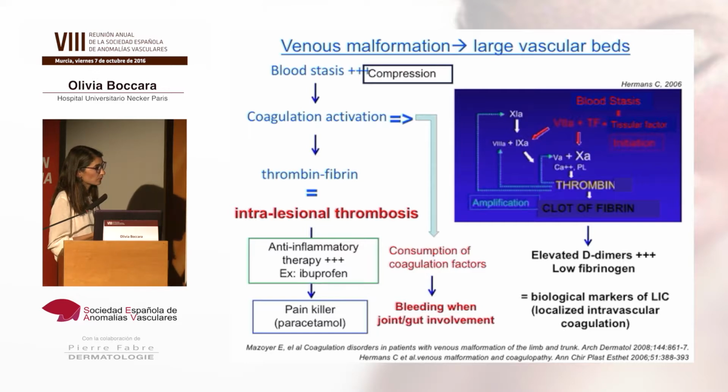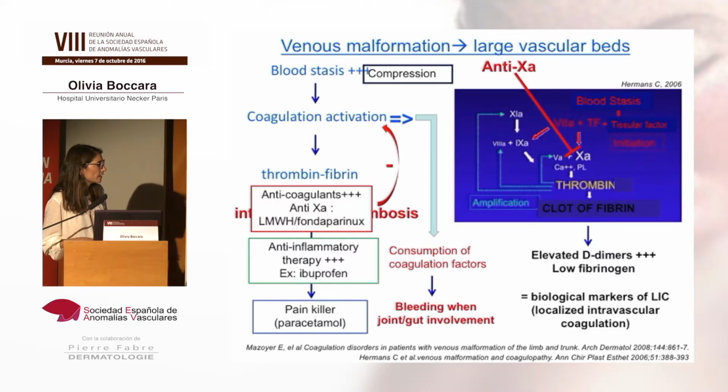As I said before, the main actor of the thrombin generation is the factor 10A, and fortunately we have anti-10A agents, which are low molecular weight heparins.